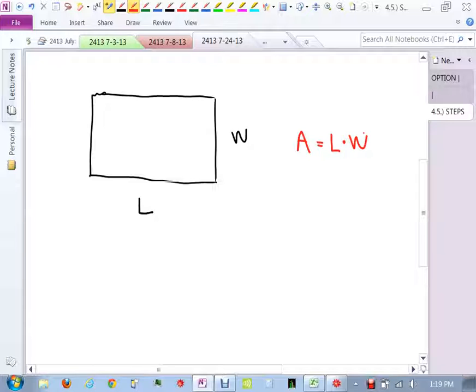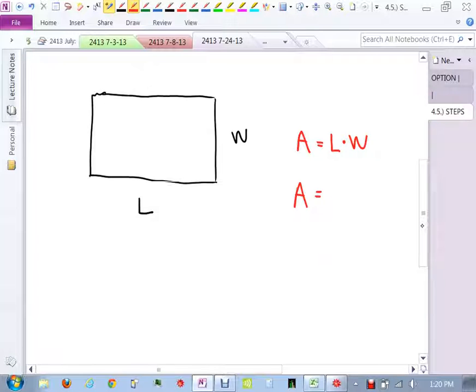So that means to express which variable? A. They want us to express A in terms of one single other variable. Right now, in order for me to know the area of a rectangle, I need to know the length and its width. But I'm supposed to use some information that's given to me in the problem to get it to be only in terms of L or only in terms of W.